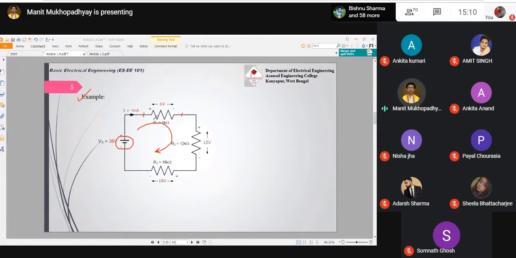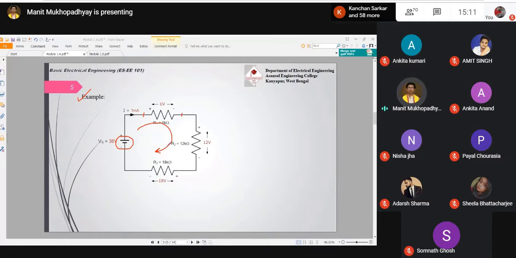According to our KVL, Kirchhoff's voltage law, in a particular loop the total voltage, that means the summation of the voltages, is always zero. That means the source voltage and the voltage drop, if they are arithmetically added, the total voltage should be zero.